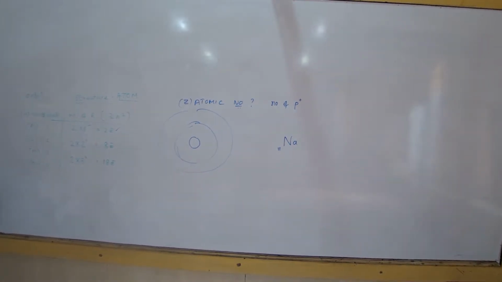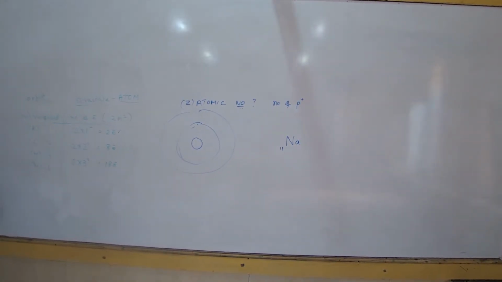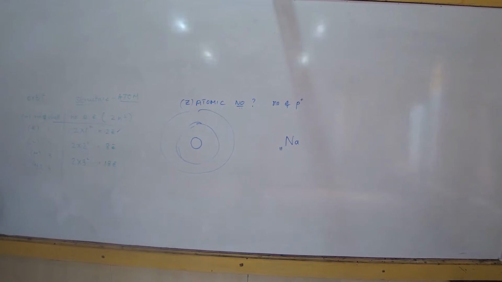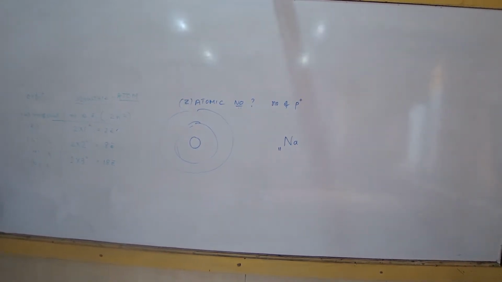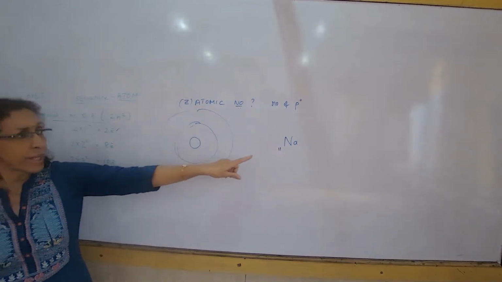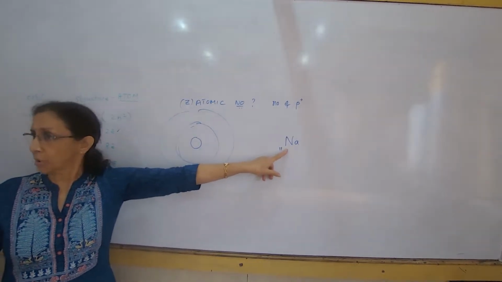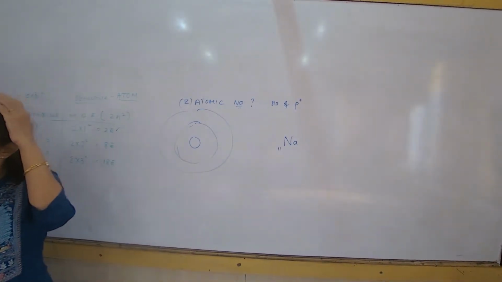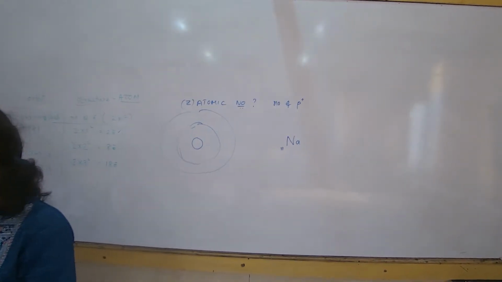So therefore, no. Balanced in the sense the atom will be neutral. This atom, of which element I've given you an example, sodium, is going to be neutral. Why? Because the number of electrons and protons are the same.